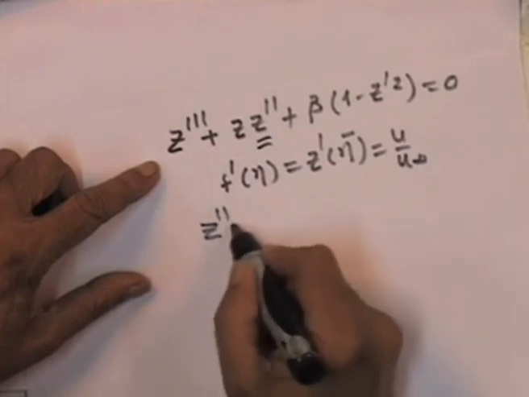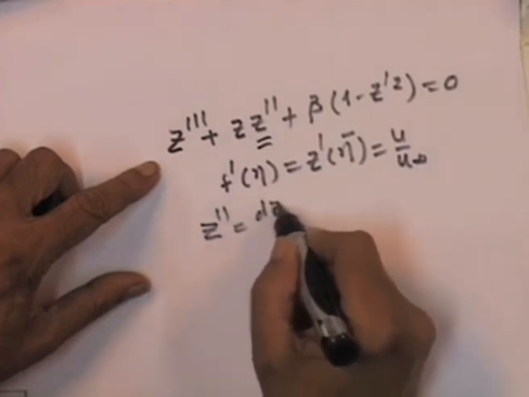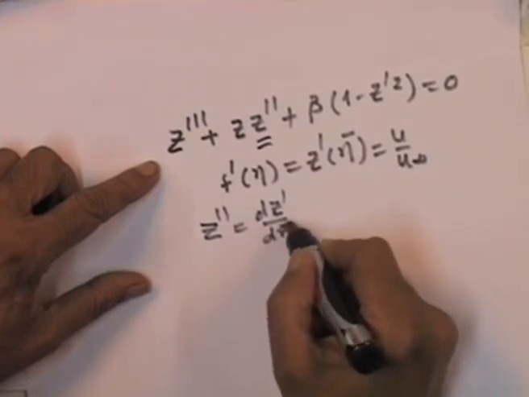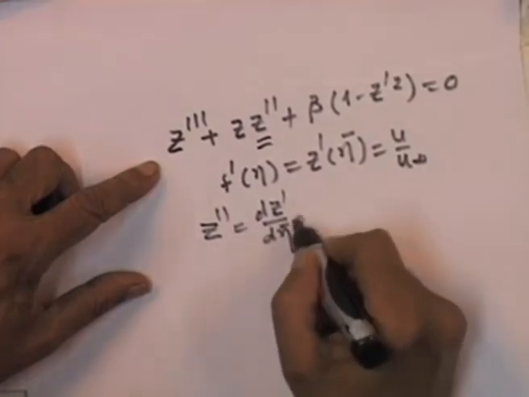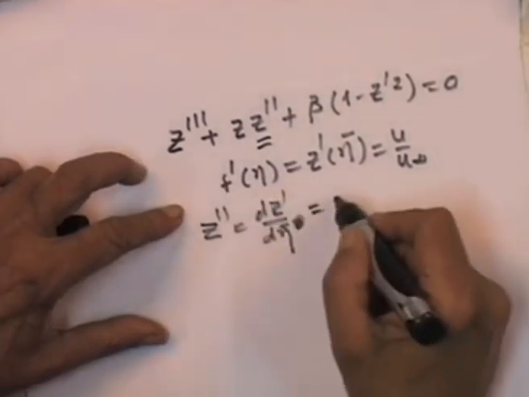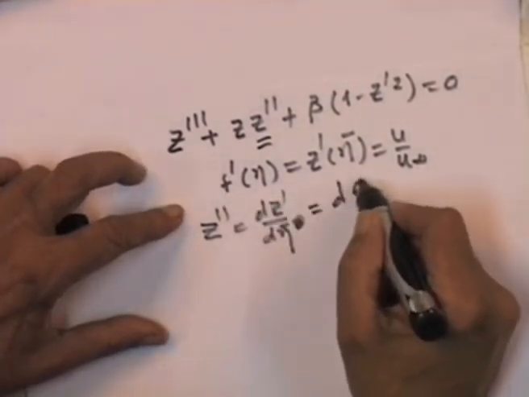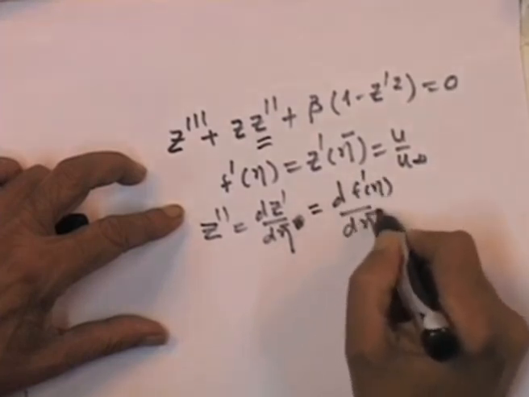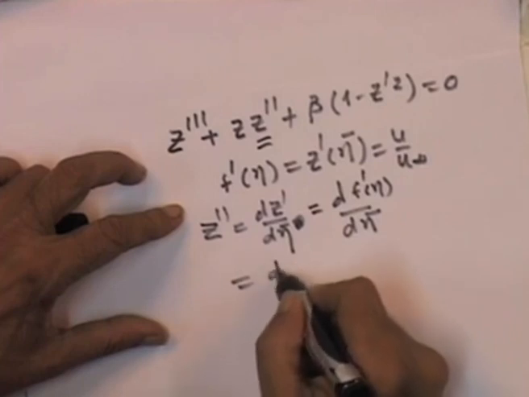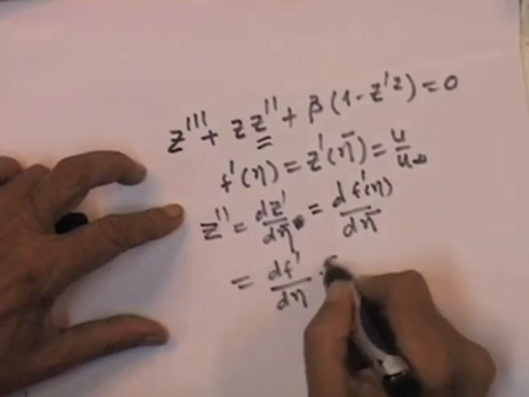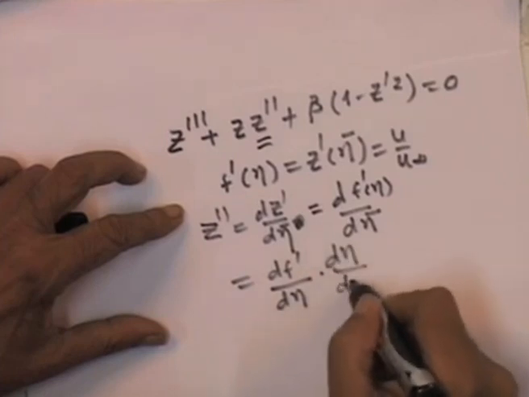z double prime will be d z prime by d eta bar, but z prime is f prime eta, which I can also write as d f prime by d eta into d eta by d eta bar.